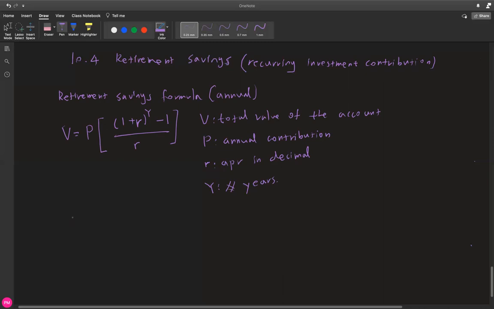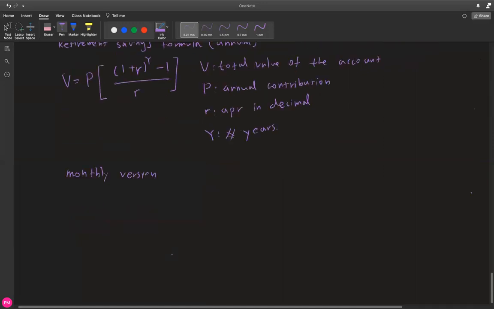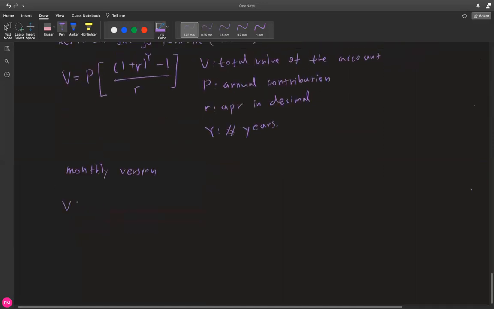And basically the same formula, but there's a monthly version. And that is V equals M multiplied by 1 plus R divided by 12 to the power of T minus 1, and divide everything by R over 12.